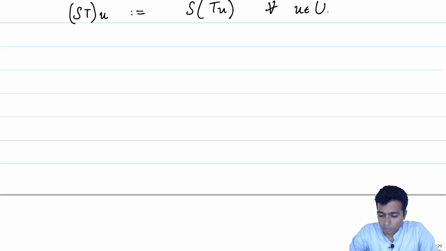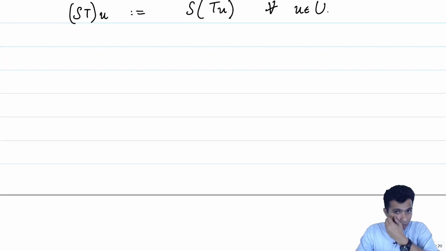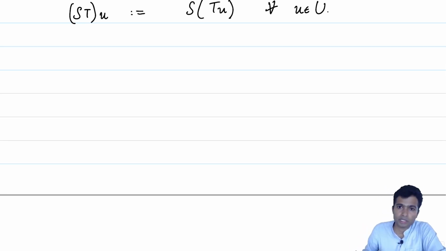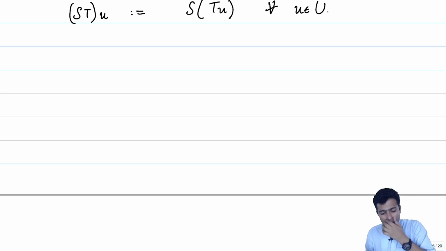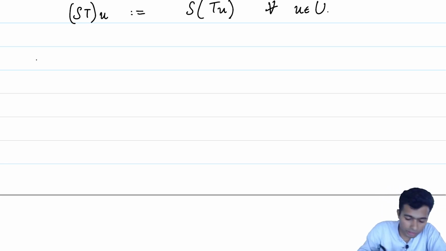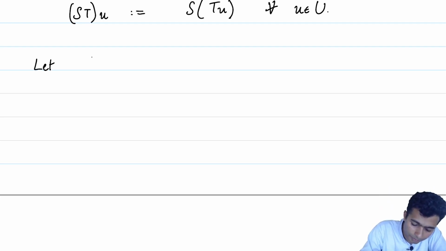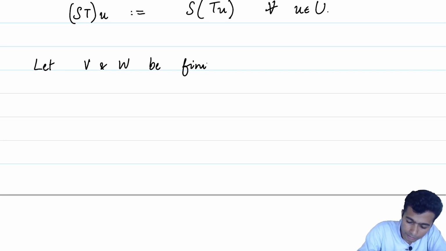Alright, so it is time to now talk about how these notions we have just defined, of addition, scalar multiplication and product, gel with the notions of addition of matrices, scalar multiplication of a matrix with a scalar, and product of matrices. To do that, we will restrict our attention to finite dimensional vector spaces. So let V and W be finite dimensional vector spaces.